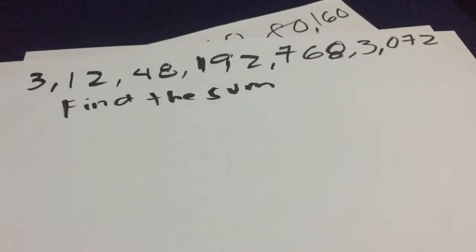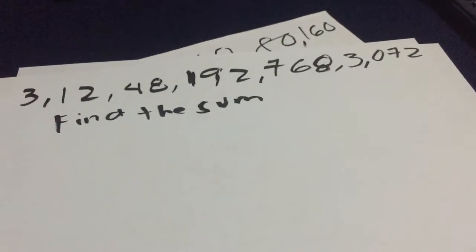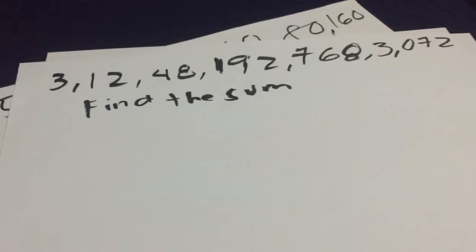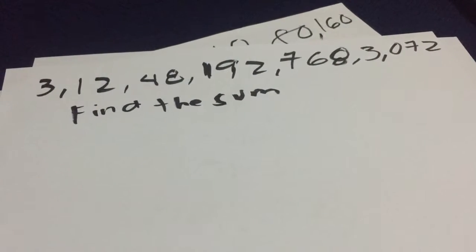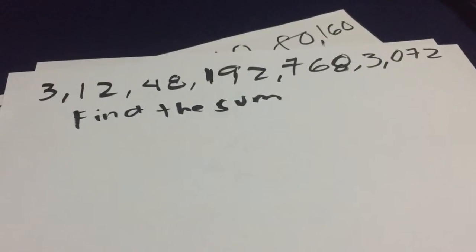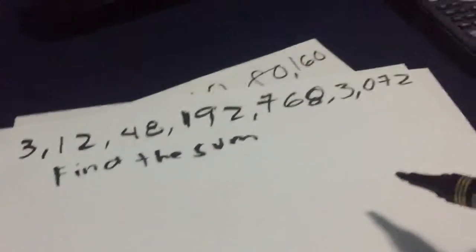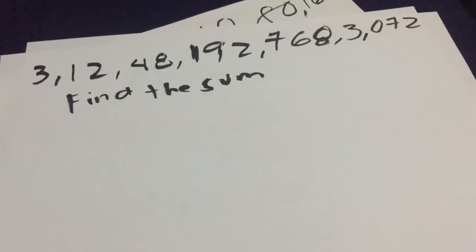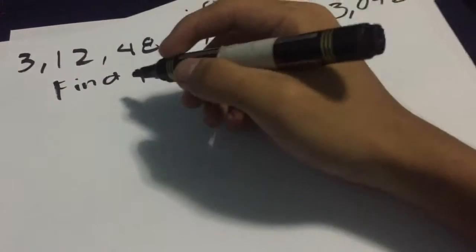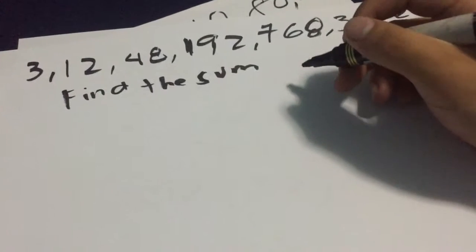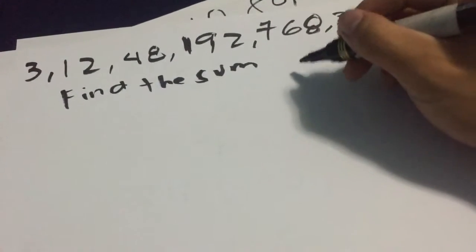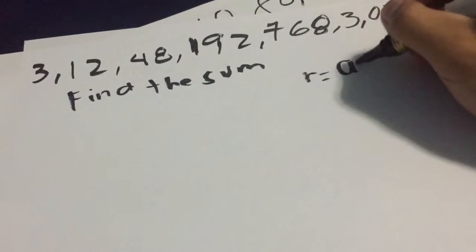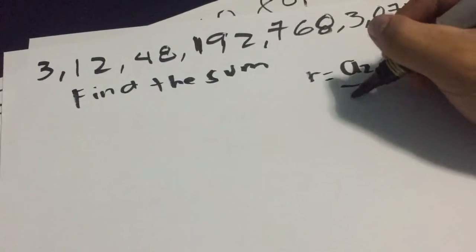So again, here I have an example of a geometric sequence. We are asked again to find the sum of this sequence using our geometric series formula. So let's start off by finding the common ratio.